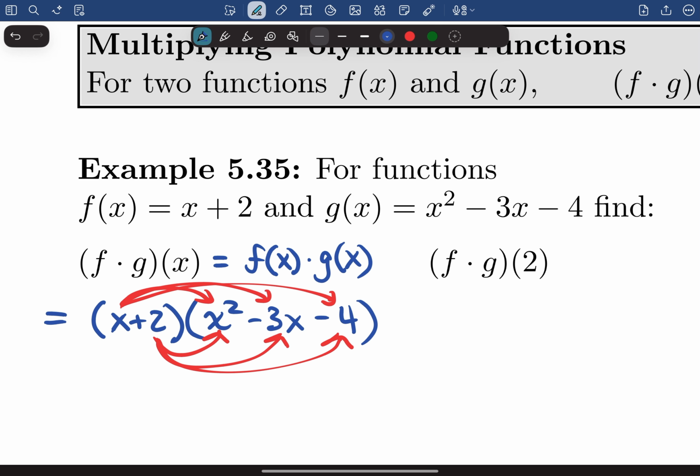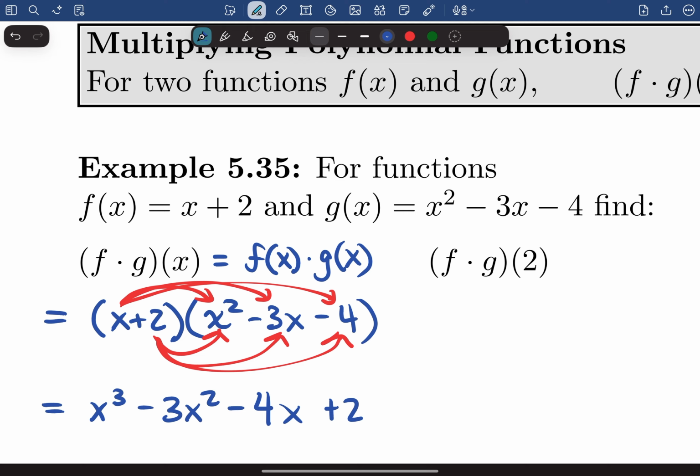So x times x squared gives me x cubed, and x times negative 3x gives me negative 3x squared, and x times negative 4 gives me negative 4x, and 2 times x squared is 2x squared, and 2 times negative 3x is negative 6x, and 2 times negative 4 is negative 8.